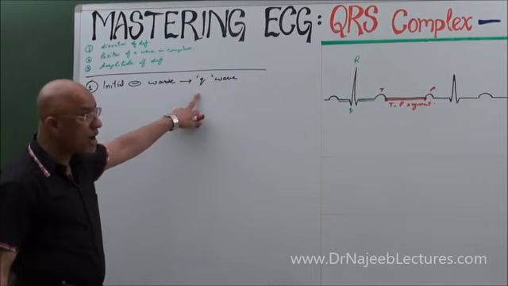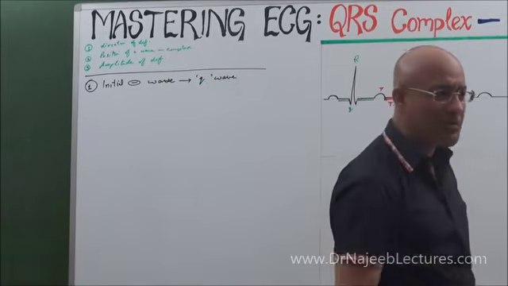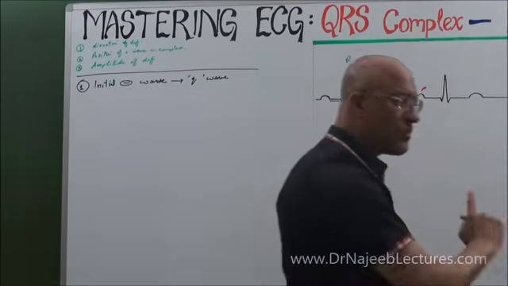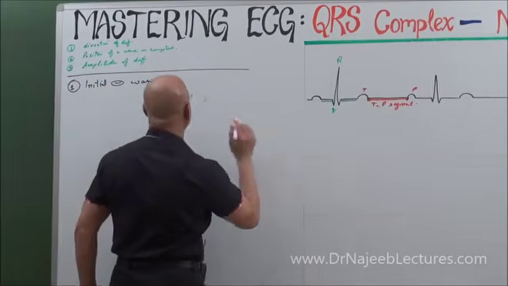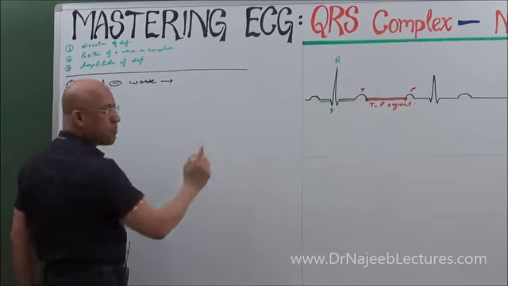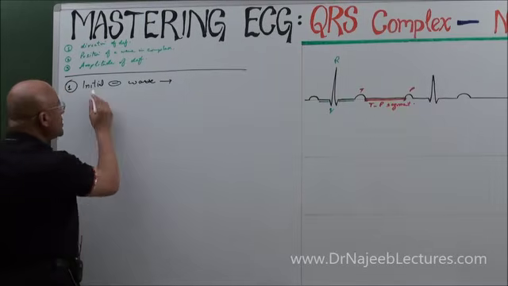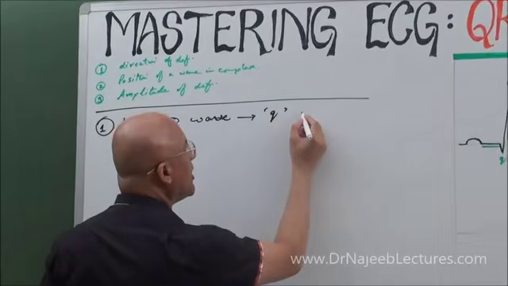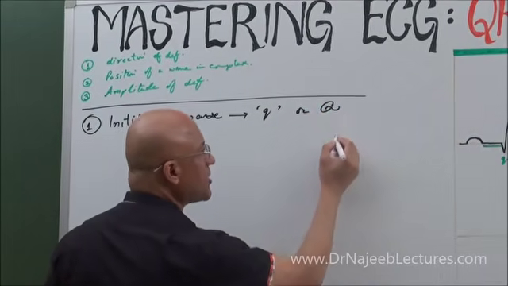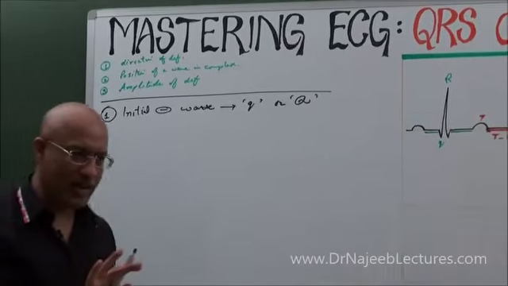No, it may be small or it may be large, depending on the amplitude of the wave. So let's correct it. If there is an initial negative deflection in the complex, that initial negative deflection may be called q wave if it is small, or capital Q if it is large. Am I clear? Yes, sir.